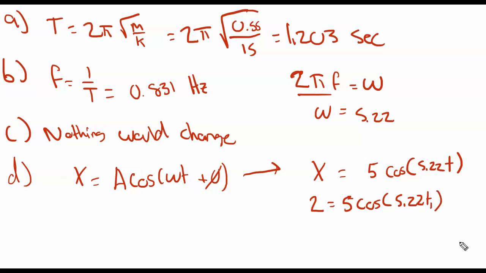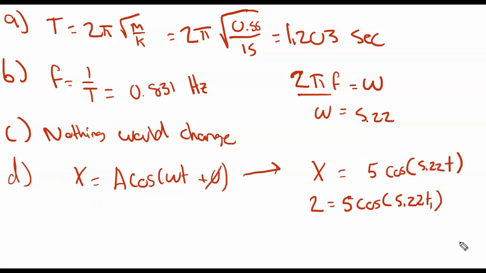The reason it says the first time is because an object in simple harmonic motion is going to go back and forth an infinite number of times because there's no friction. And so theoretically, there's an infinite number of possible answers where x is equal to 2. Because the cosine function repeats every 2 pi radians, you have an infinite number of possible values of t.